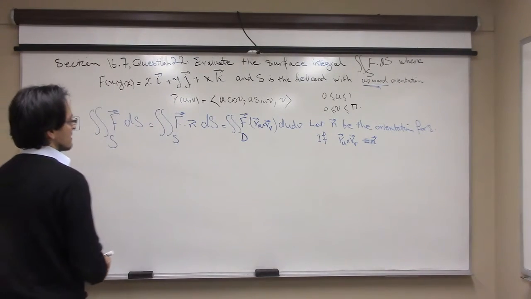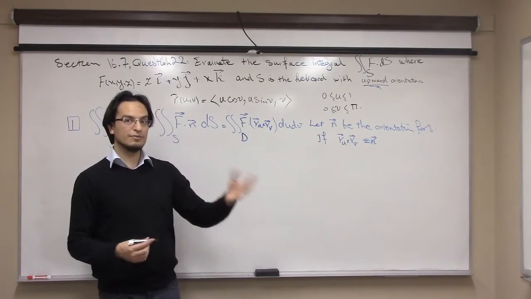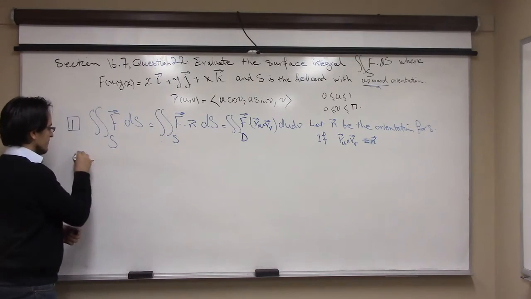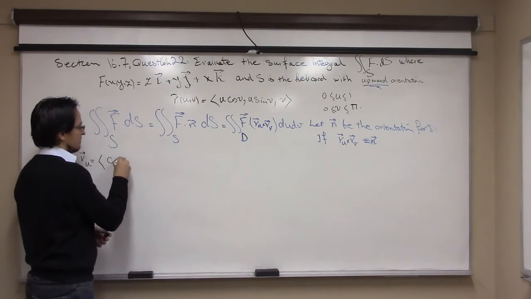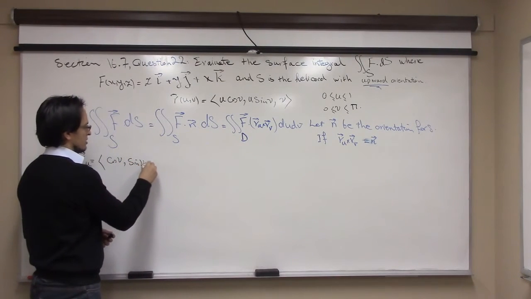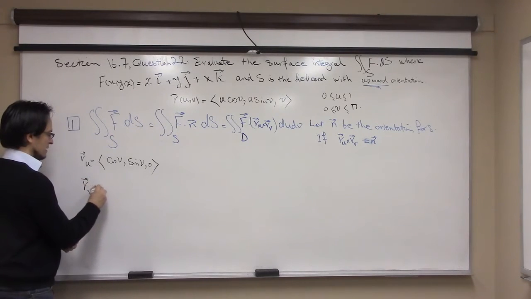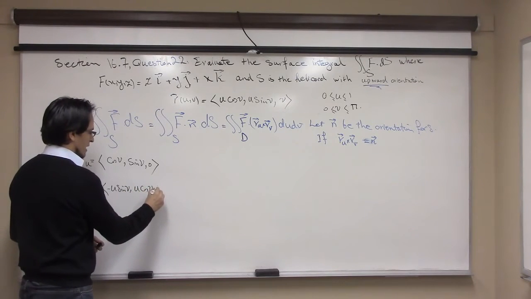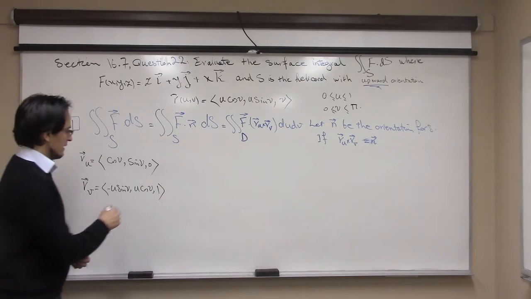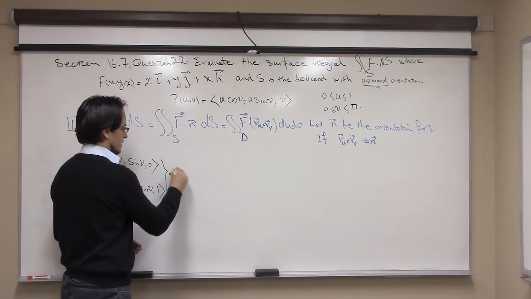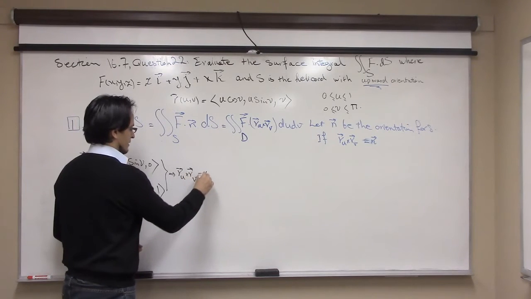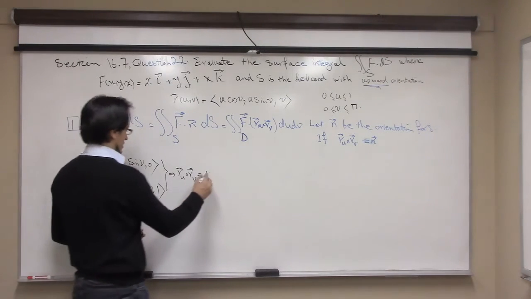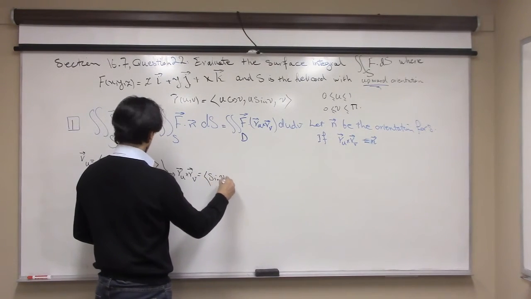Let's see what Ru cross Rv is, and we have to check that it is an upward orientation. Ru here is given by cosine v, sine v, 0. Rv is minus u sine v, u cosine v, and 1. I can cross product these two. The first component is sine v.